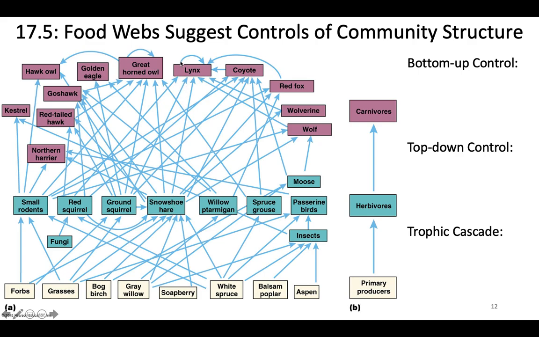And then you can also have a trophic cascade, which is when a predator in a food web suppresses the abundance of their prey, such that it increases the abundance of the next trophic level. So this would be like lynx eating so many snowshoe hares to a point that it increases the diversity of the plants that are in that environment.